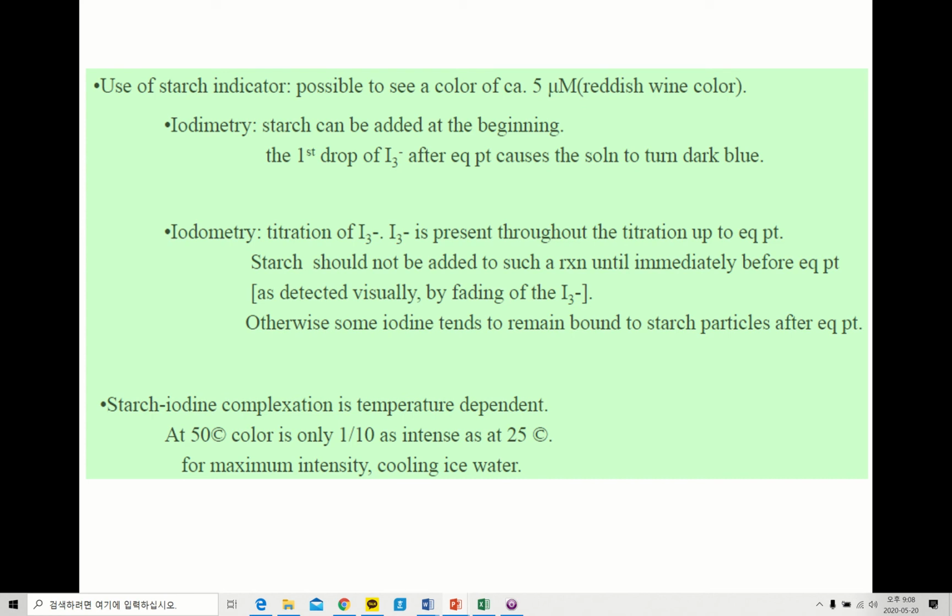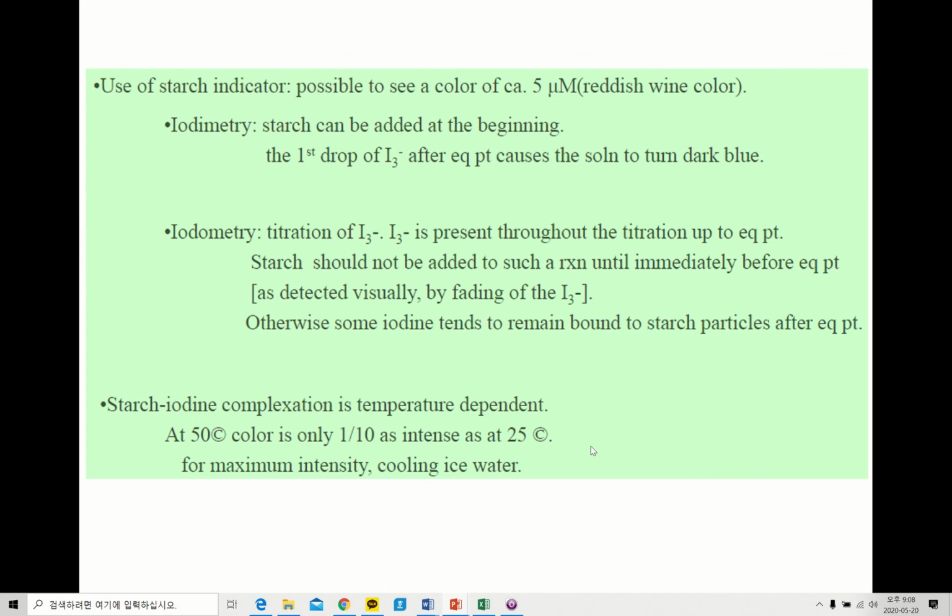After the triiodide is used up by a standard reducing agent like thiosulfate solution, you pick up the point when this dark blue color disappears. That's the equivalence point, the endpoint.